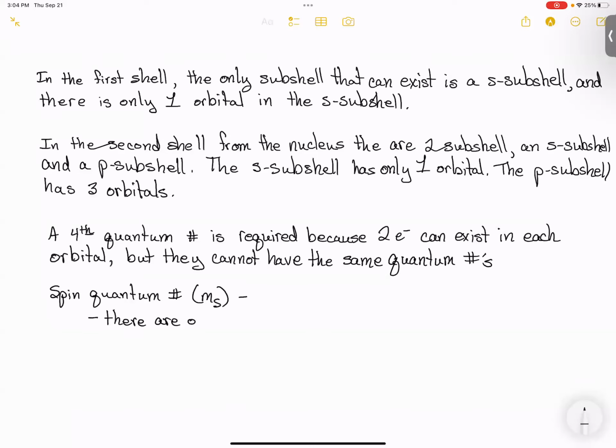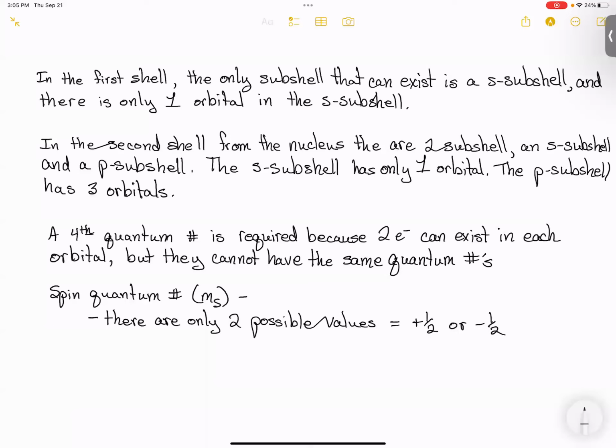And what those values represent is the spin. So if we were to take an element and shoot a ray of that element in between a magnet, we would see some electrons go this way and some electrons go that way. And it is this idea of the electrons being able to flow in different directions that causes us to say there are 2 spins, a +1/2 and a -1/2.